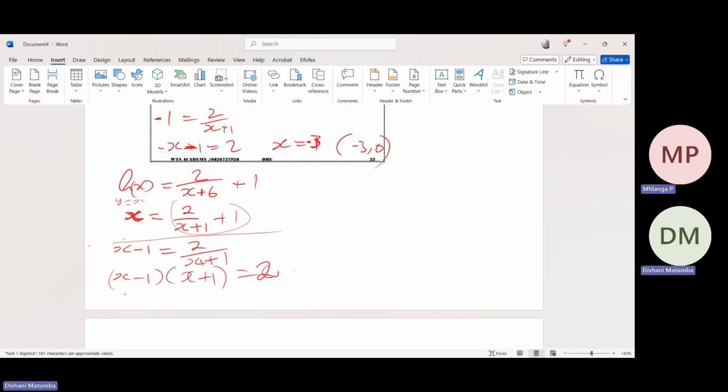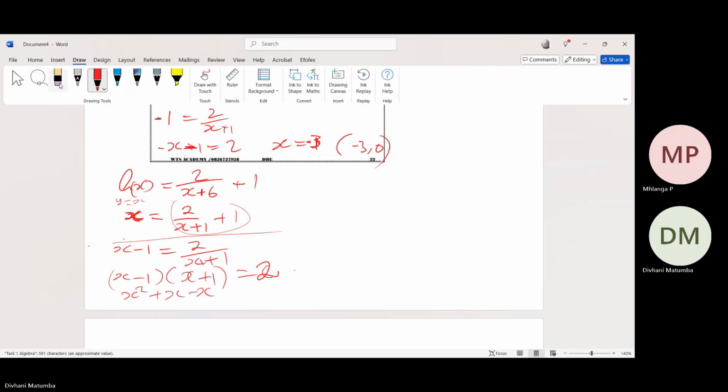And this is actually the difference between two squares. I don't know why I'm doing all this. So it's x squared minus 1. It's going to give us x squared minus 1 equals 2.